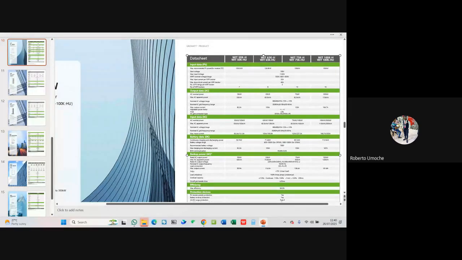For the 63 kilowatt WIT inverter, the maximum PV power is 128.8 kilowatts. For the 75 kilowatt WIT inverter, it is 156 kilowatts. And for the 100 kilowatt, the maximum PV power is the same as that of the 75 kilowatt, 156 kilowatts. The PV start voltage is from 195 volts, and the maximum input voltage from your PV array is 1100 volts.